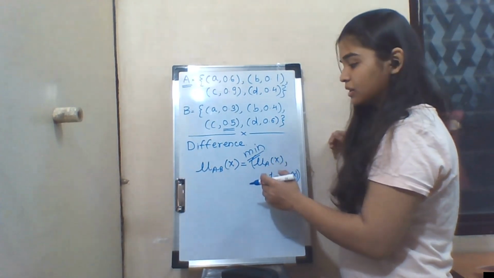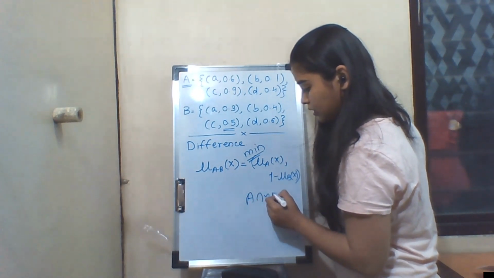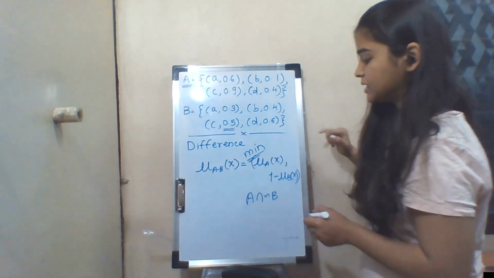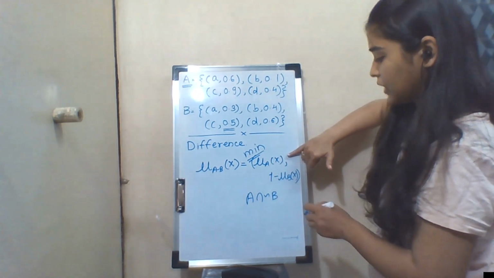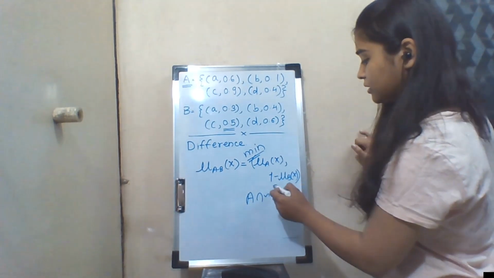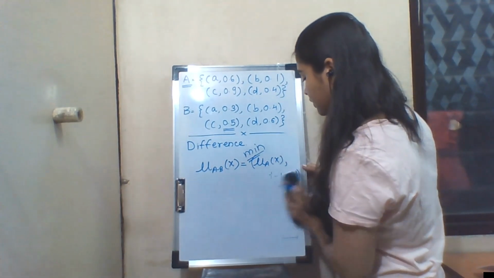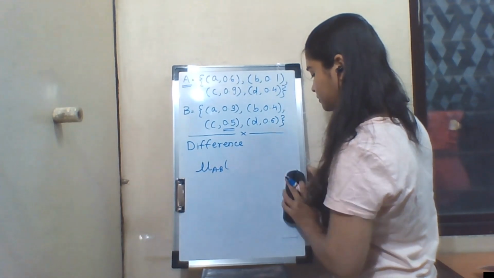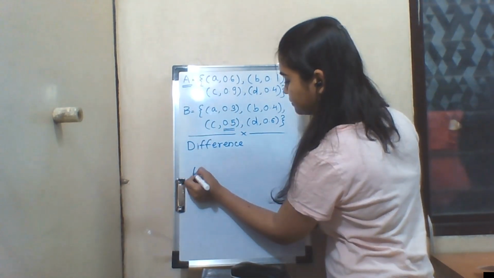So you can remember it in this way: we take A intersection complement of B. Similarly here, we take the minimum of mu of A of x, comma 1 minus mu of B of x, which is the complement of B. So now let's perform the difference operation on the given example.